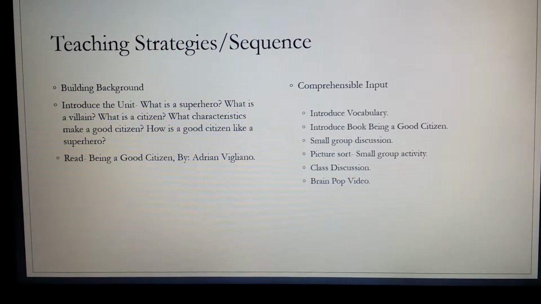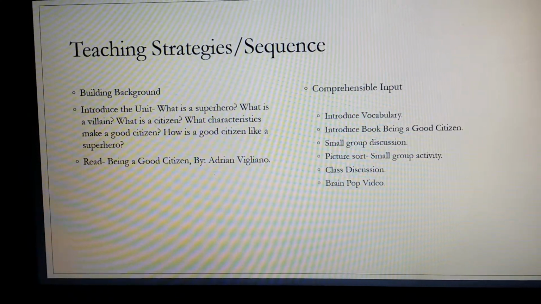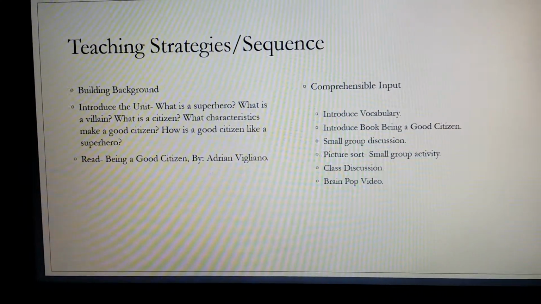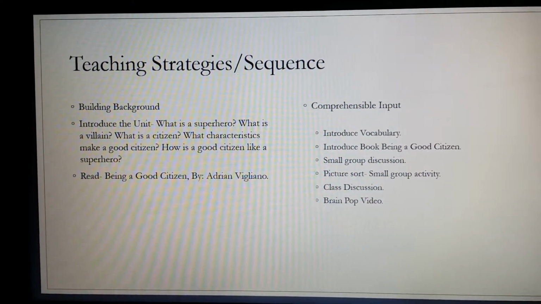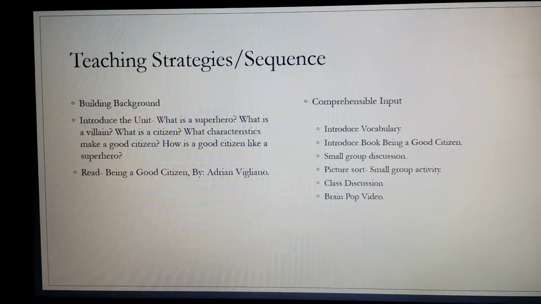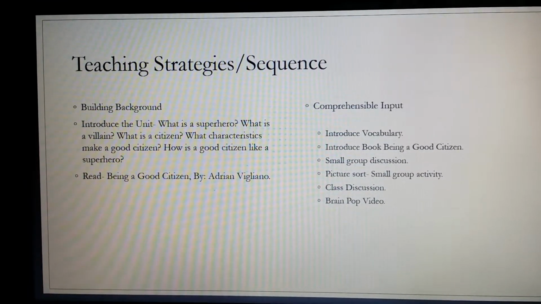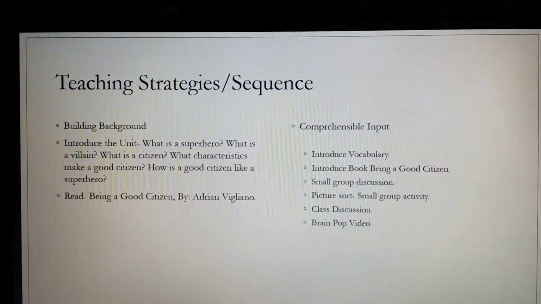We will read Being a Good Citizen by Adrian Vigliano. For the comprehensible input, we will introduce vocabulary, introduce being a good citizen. There will be small group discussion, picture sort, which is a small group activity, class discussion, and the Brain Pop video.